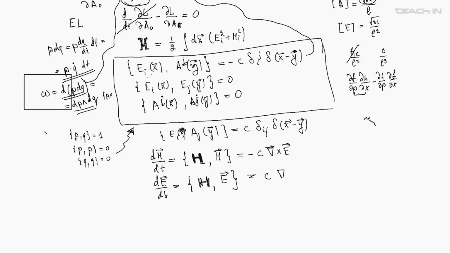So what is this here? Do you recognize this right-hand side? dH over dt is minus c curl of E, and dE over dt is c curl of H. Do you recognize what this is? The second pair of Maxwell equations. Exactly, these are Maxwell equations.